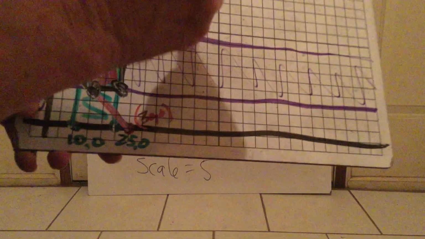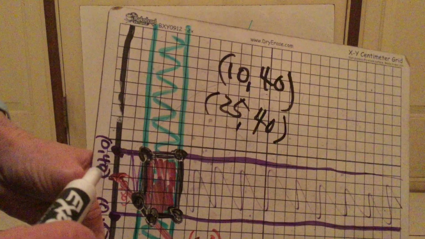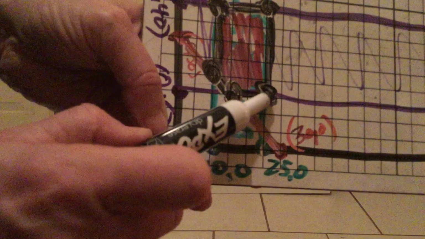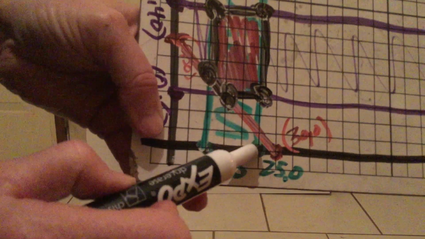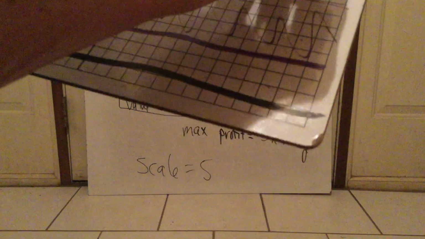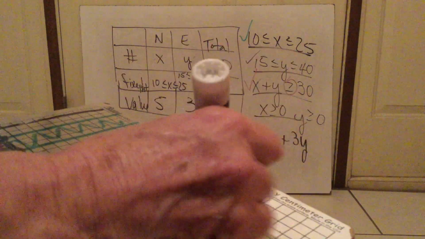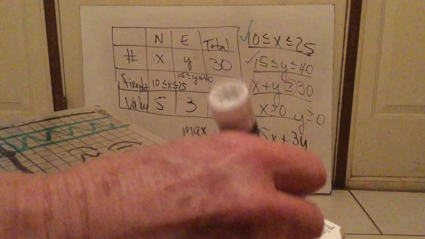So 25, 40 is that one. So far I've got these 2 points. Now, what about this guy? He's super simple too. You counted over 25 and up 15. So he's 25, 15. So far we've got these. Now, these are the easy ones.